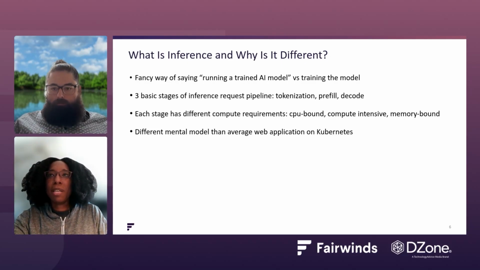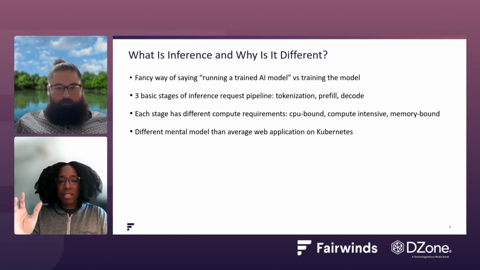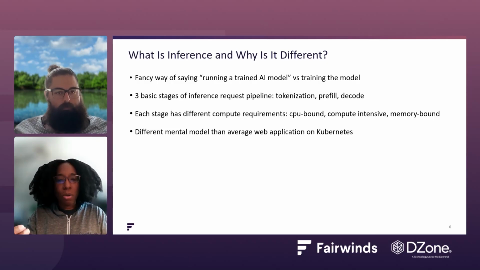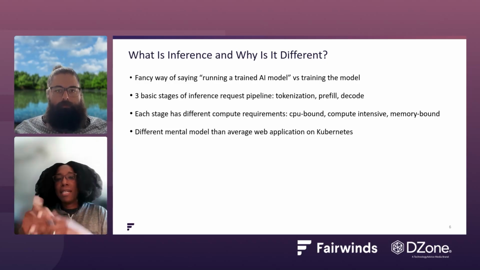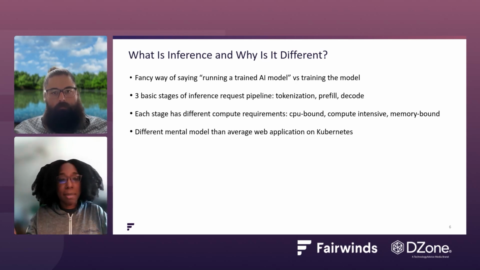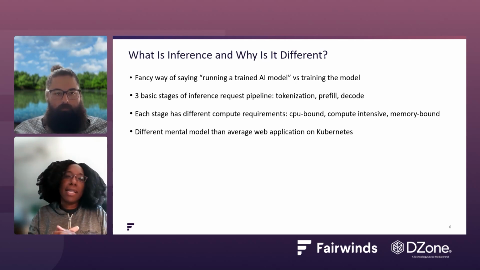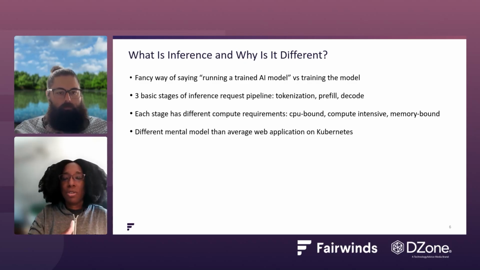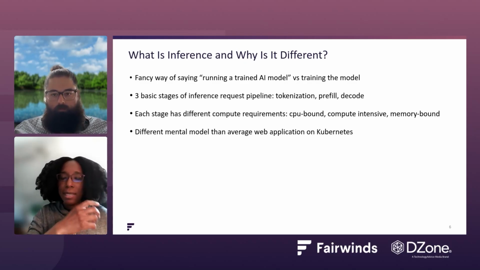And that is because of the different stages of an inference pipeline. So an inference pipeline has sort of three basic stages. There's a tokenization stage that runs at both ends of the pipeline. And that's the part that takes your human readable prompt and translates it into numeric data that gets processed.